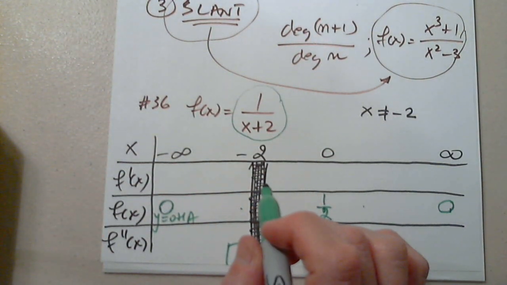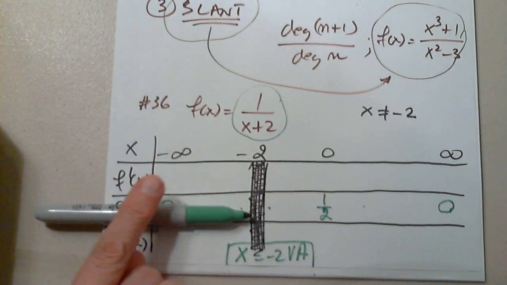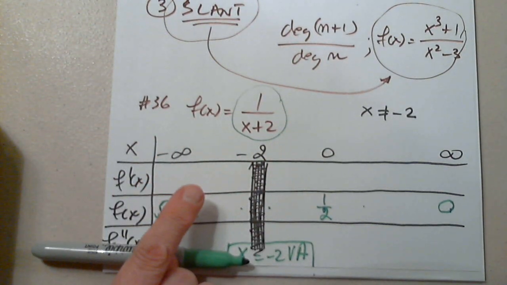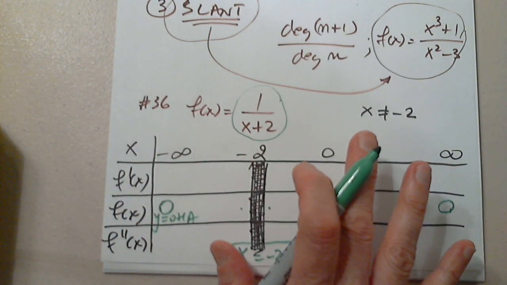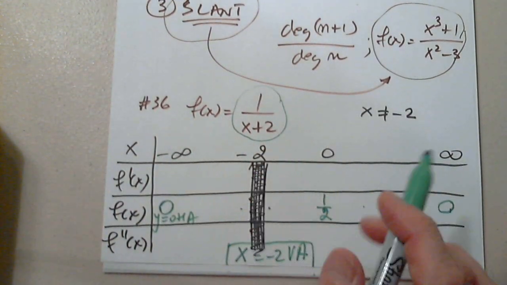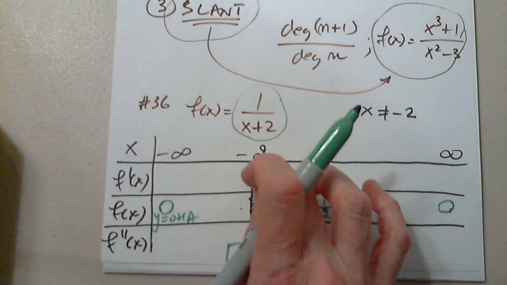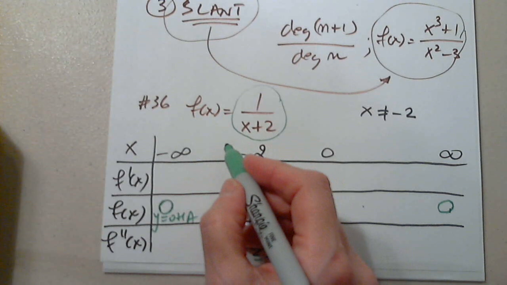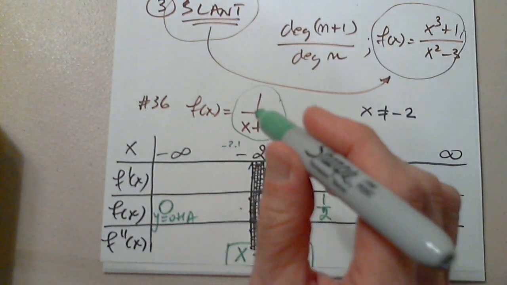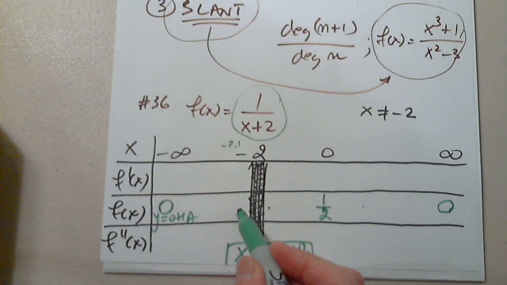Now we have to determine these limits. Remember how we do it. We plug in a number from the left of negative 2. I'm not going to put it in the table. I don't want to put in stuff that I don't really need. But just imagine that you plug in negative 2.1.